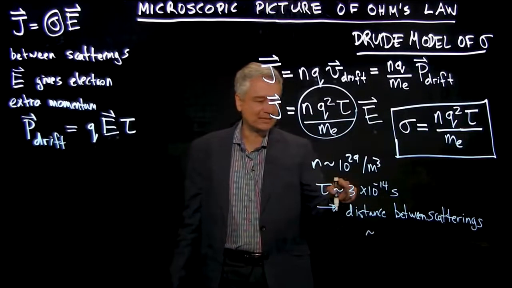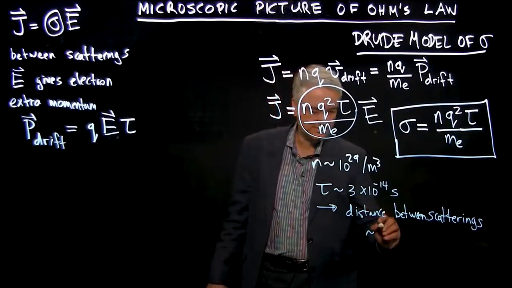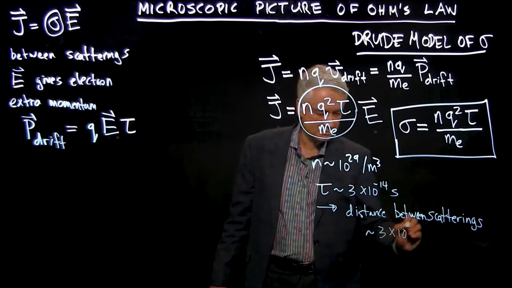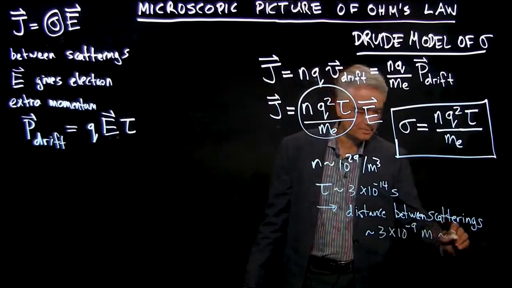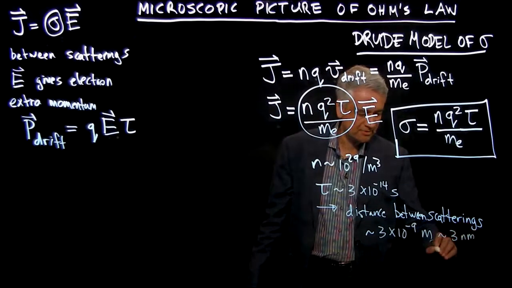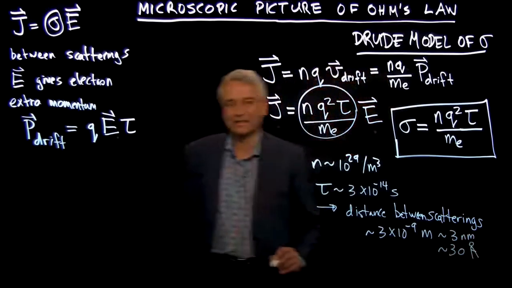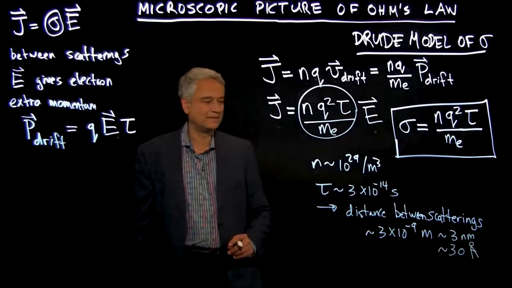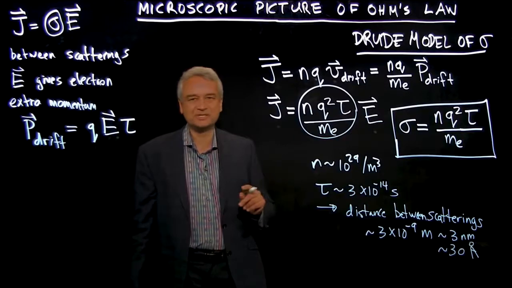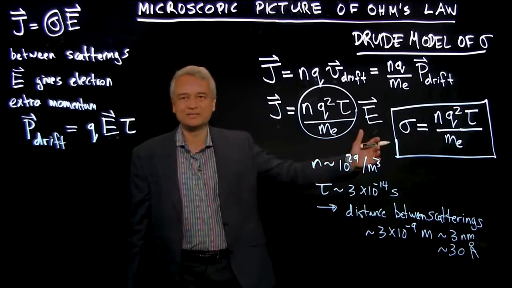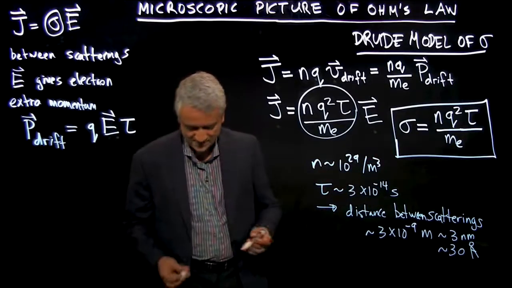So 100,000 meters per second times 3 times 10 to the minus 14, that gives me about 3 times 10 to the minus 9 meters. 3 times 10 to the minus 9 meters is about 3 nanometers, or about 30 angstroms. And the size of a copper atom is about 1 angstrom, 1/10 of a nanometer. So what this says is that the average distance between one scattering and the next is about 30 times the size of a copper atom. And that's, in fact, quite reasonable.